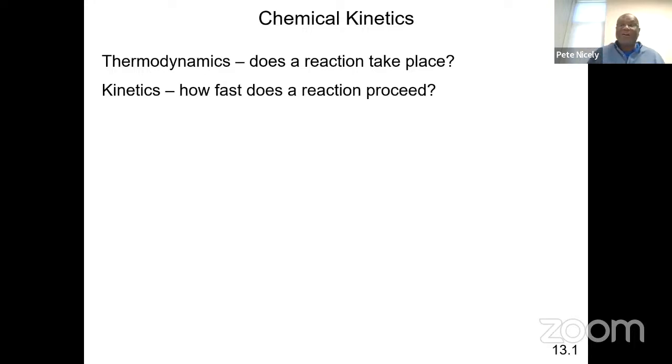All right. Okay. So going back to our discussion here. These are two things that chemists are concerned with when it comes to chemical reactions, right? Thermodynamics, which deals with whether or not a reaction can take place. Because of course, just because you're able to write down an equation for the reaction doesn't necessarily mean that the reaction will take place. And a lot of it depends on the conditions, right?